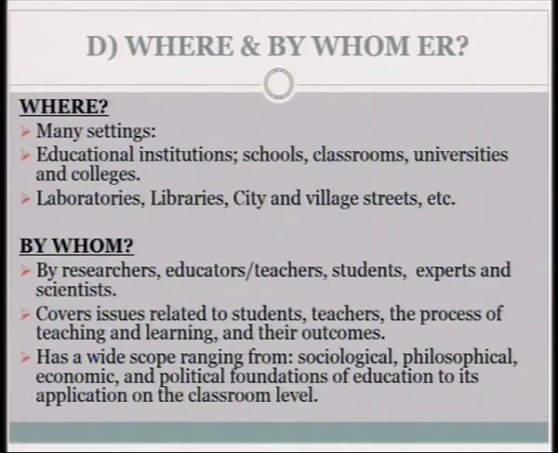It also has a wide scope, ranging from sociological, philosophical, economic, political foundations of education to its application in the school. So again, it also covers different views of education. Some of this we will talk about further when we proceed. So we have dealt with where research should be done, and we have dealt with who should do research.